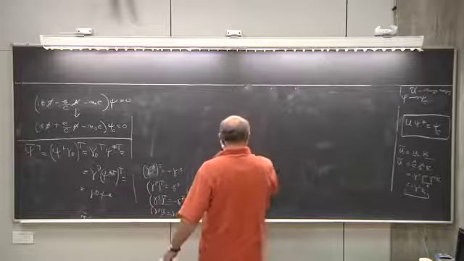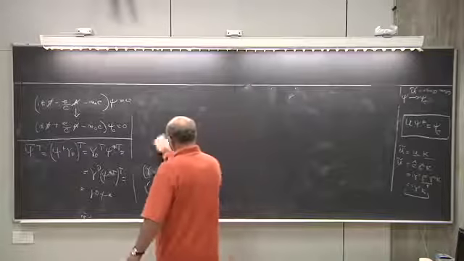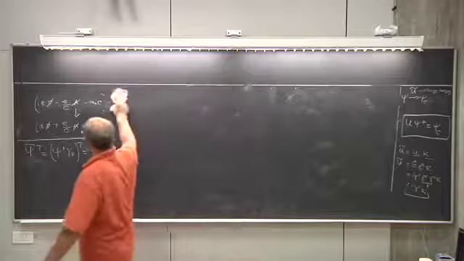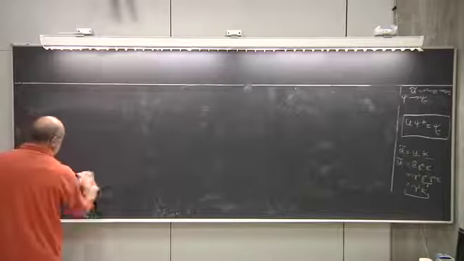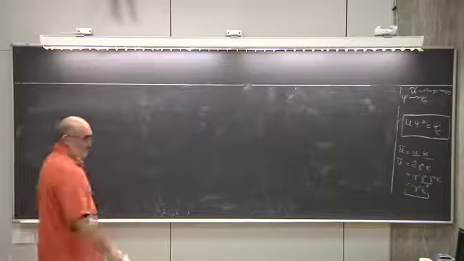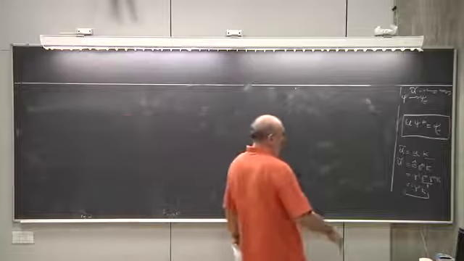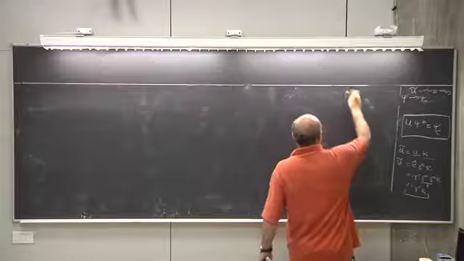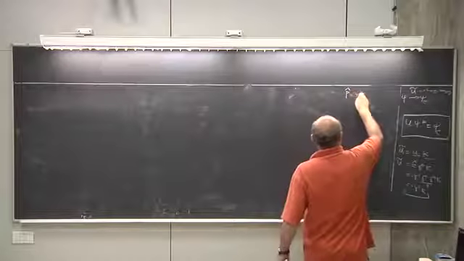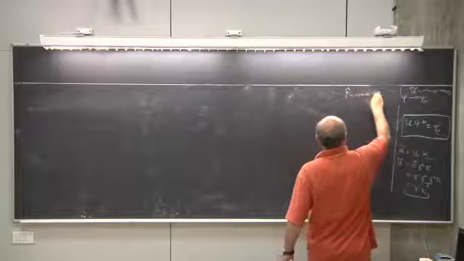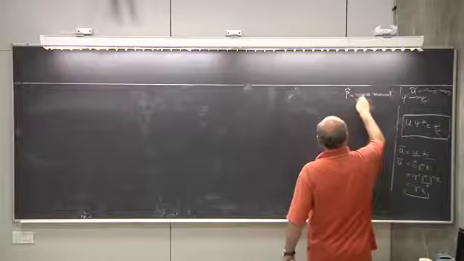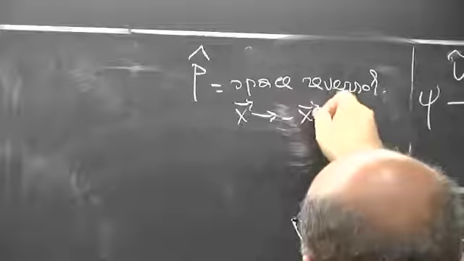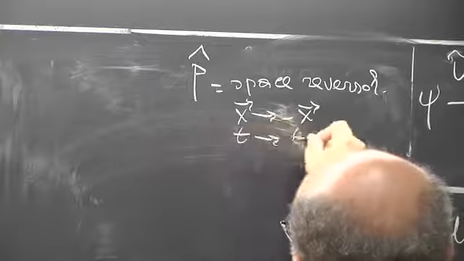So charge conjugation we have done. Let's go to time reversal. So these are discrete operations. Well, P, the space reversal, was x that goes into minus x, t that goes into t.